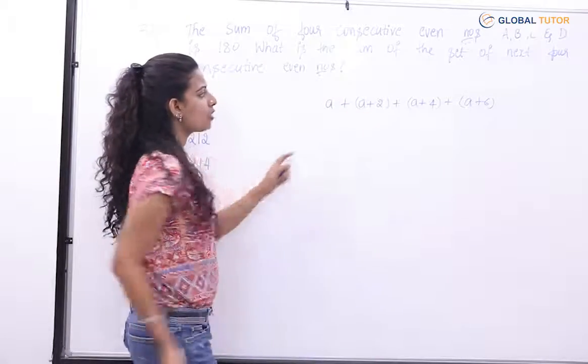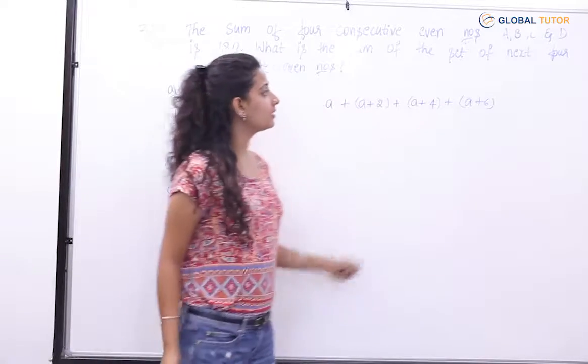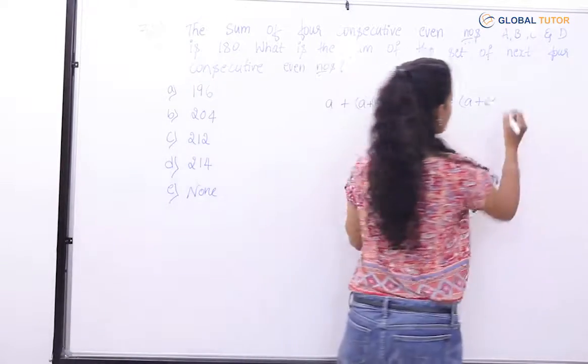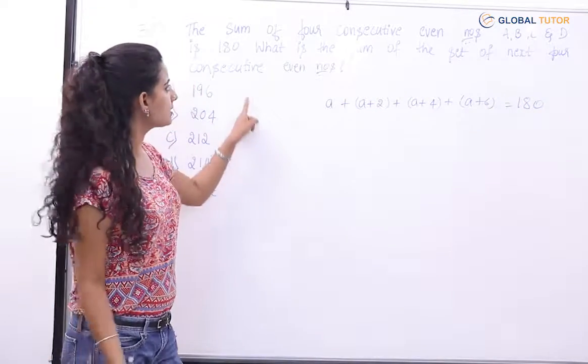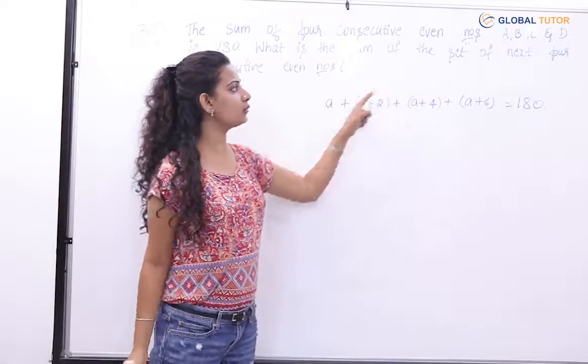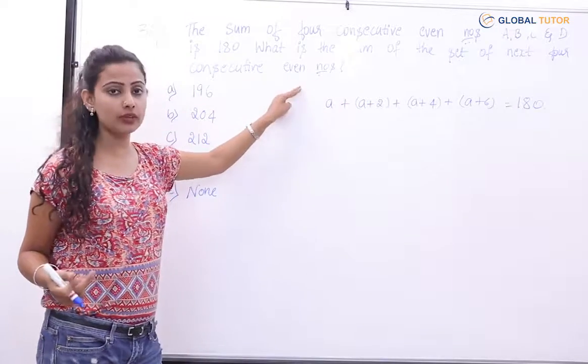Because they are consecutive even numbers. Now, this sum is equal to 180.